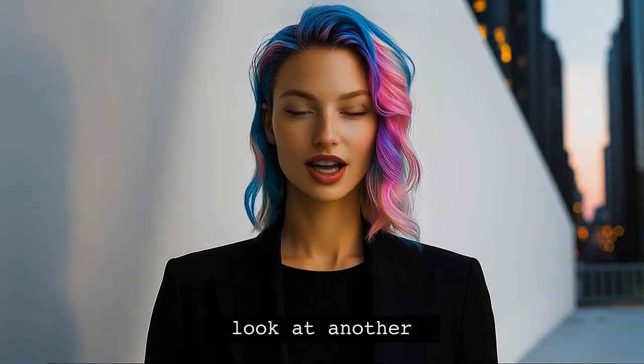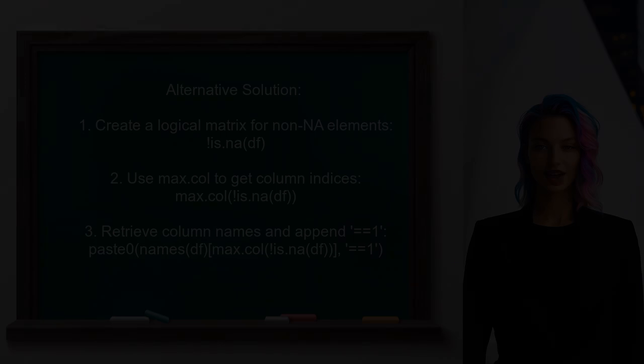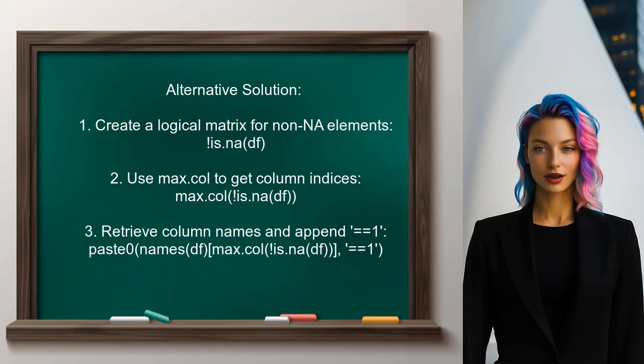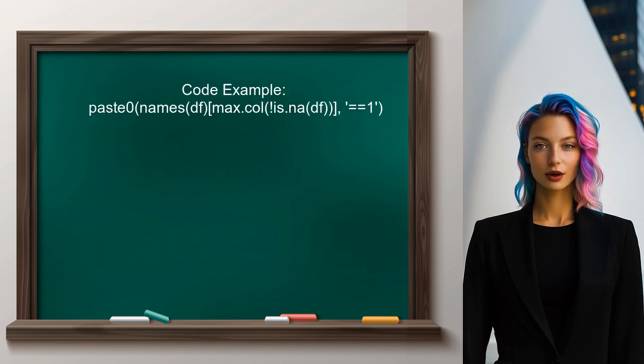Let's take a look at another one. An alternative approach to handling NAs in ifelse is to create a logical matrix that identifies non-NA elements. By using the max.col function, we can find the column index of the maximum value for each row. This allows us to retrieve the corresponding column names and append == 1 to them.